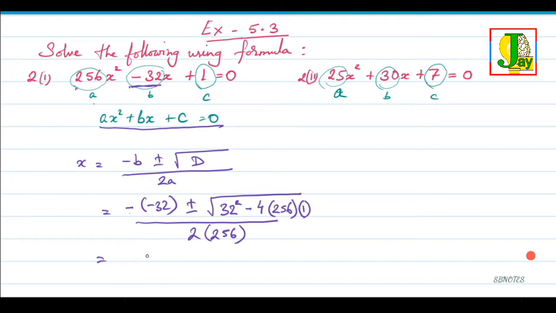So that's minus of minus 32, that's plus 32, plus minus root over 32 square is 1024. And this one is minus 4 into 256, that's 250 into 4 is 1000, and 6 into 4 is 24, so that's 1024.